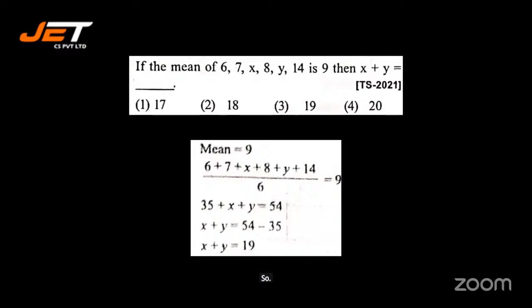So divided by 6 is equal to 9, right? So you can bring out x plus y separately. So x plus y will be 54 minus 35, which gives x plus y is 19. All right? Hope you would have done the sum correctly.